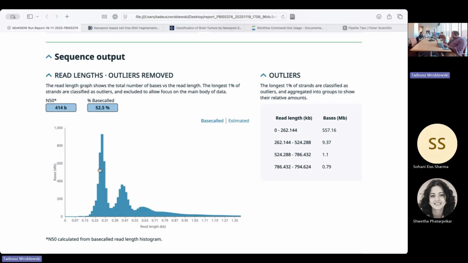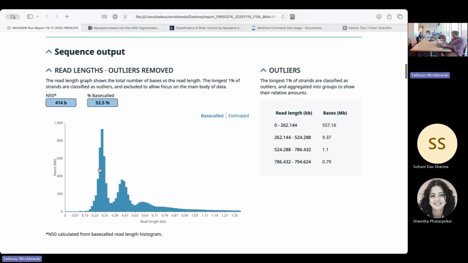For some methylation calls, we always need to do it with Dorado standalone anyway. But I think they are going to include it. That's my understanding from today's meeting. So it would be very comprehensive. Even whatever is missing should be part of MinKNOW soon.